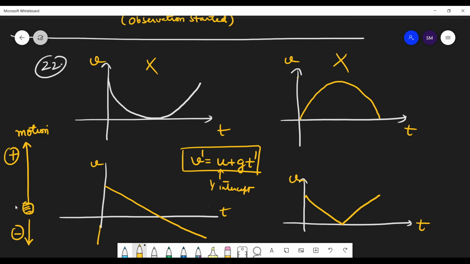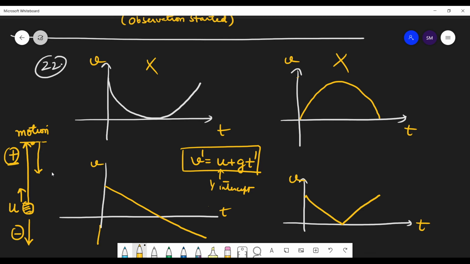So the body was thrown up with velocity u. Will the u be positive or negative? Because the body was moving upward, it is positive, because the upward direction of motion is positive. When the object reaches a particular height, it will stop, and then it will come downward.